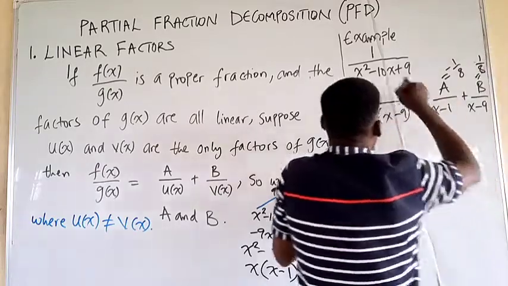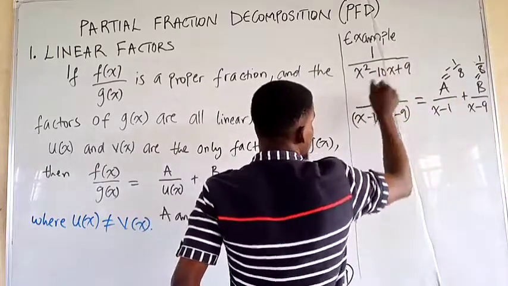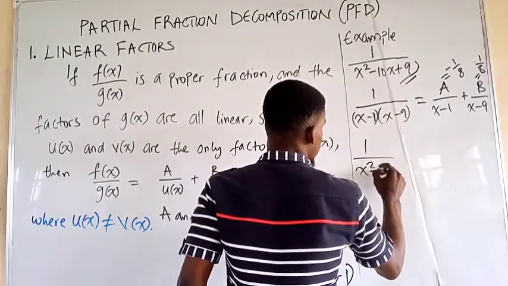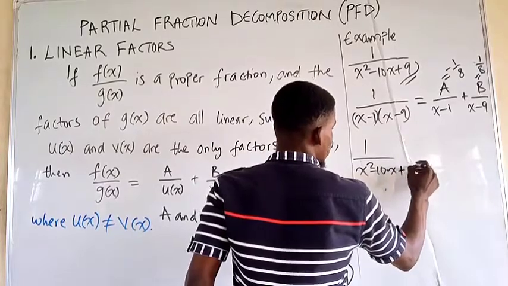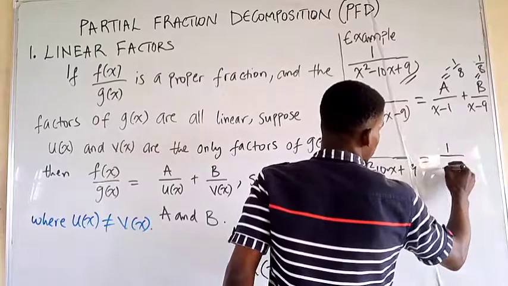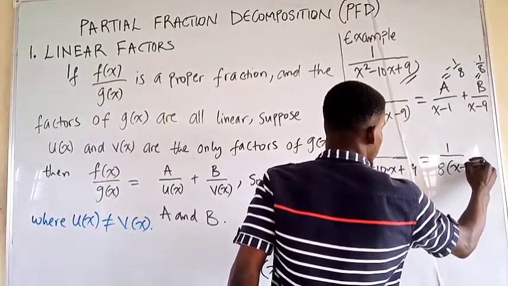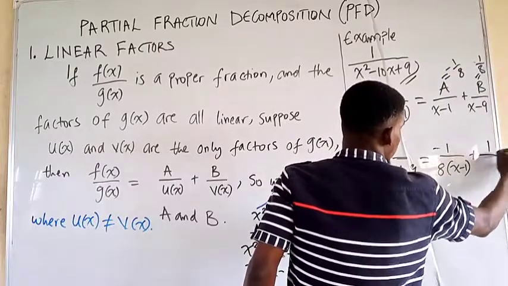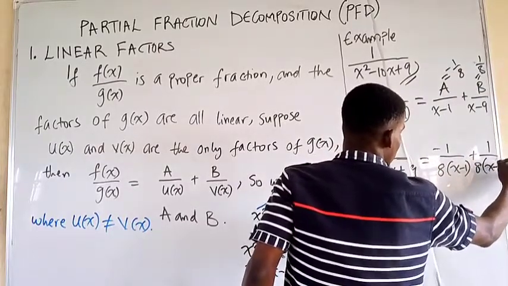So that means that this fraction, 1 over x squared minus 10x plus 9, is equal to negative 1 over 8 of x minus 1, plus 1 over 8 of x minus 9.